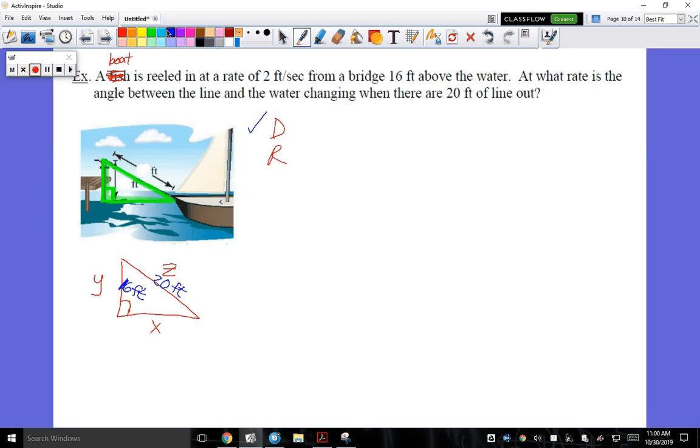Rates that are given or unknown. I'm going to throw you right into it, guys. What rate are we given? 2 feet per second. Is it a positive or a negative? So if it's reeled in, Z is decreasing.